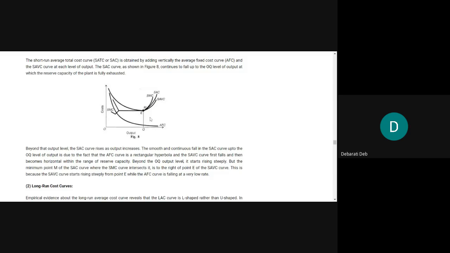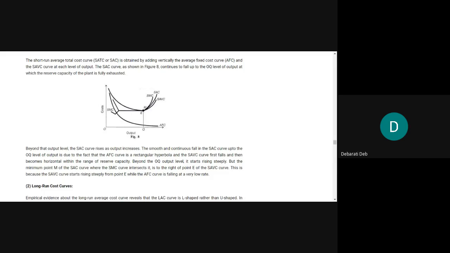Till this point, the average cost curve will continue to fall, at which the reserve capacity of the plant is fully exhausted. This is the point where the reserve capacity was fully exhausted. Yesterday we had drawn and named it as B, isn't it? Capital B. So this is the same point.